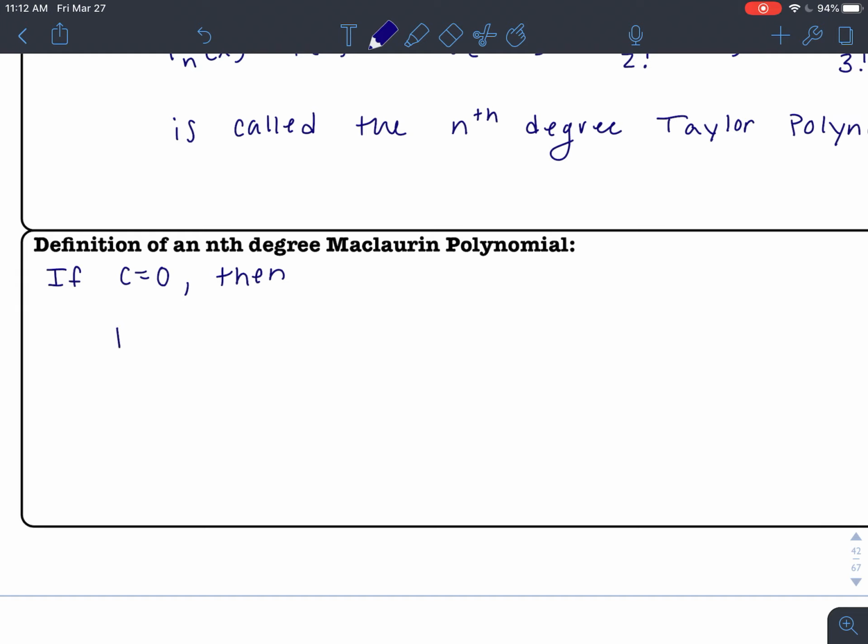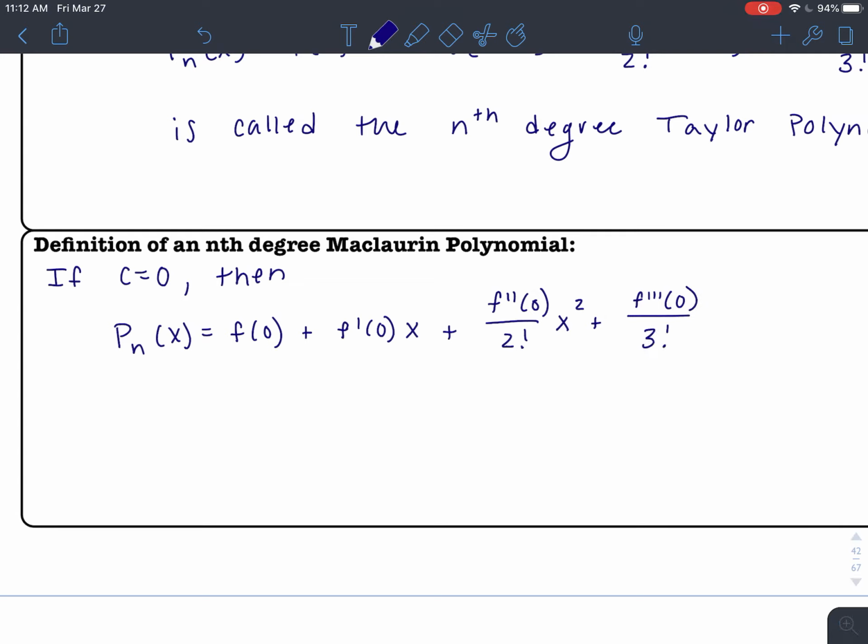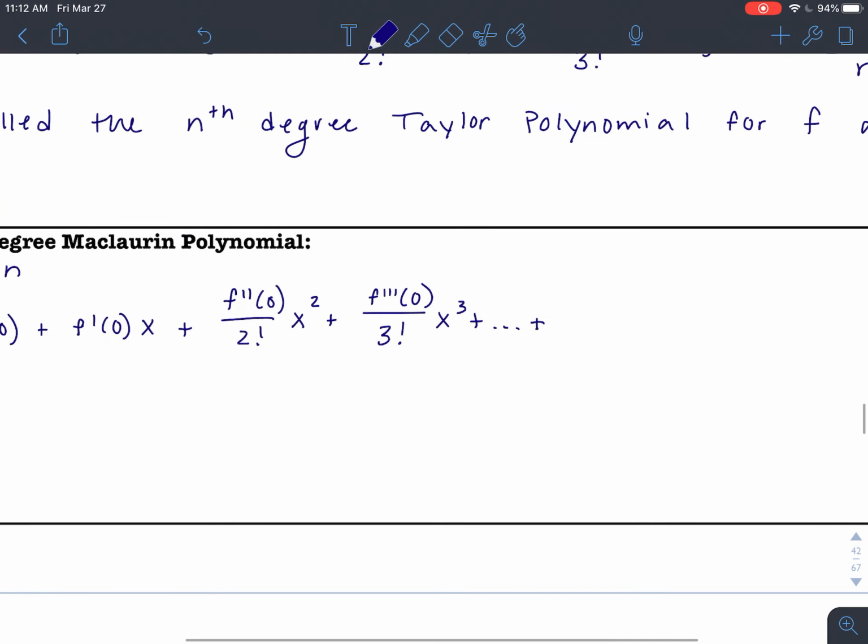So the Maclaurin polynomial definition is if c is equal to 0, then the Pn of x polynomial equals f of 0 plus f prime of 0 times x plus the second derivative at 0 over 2 factorial times x squared plus the third derivative at 0 divided by 3 factorial times x cubed plus all the way out to whatever the n value is.